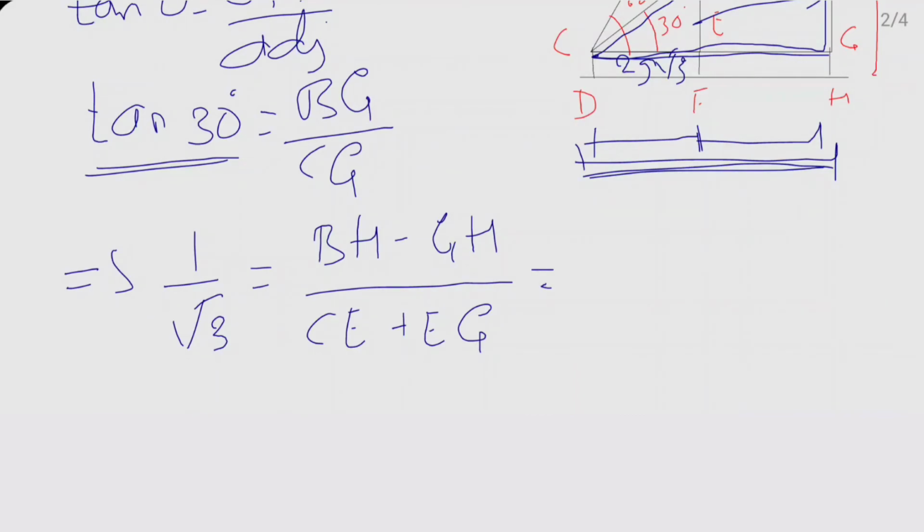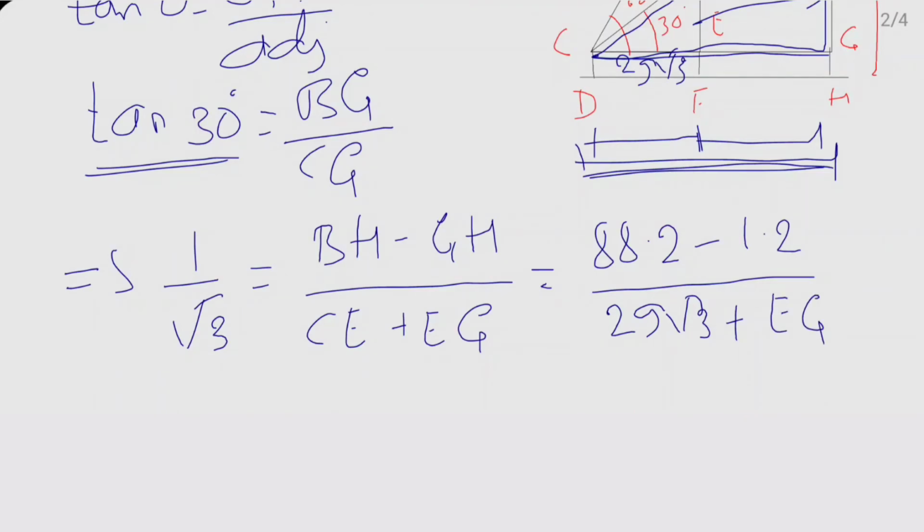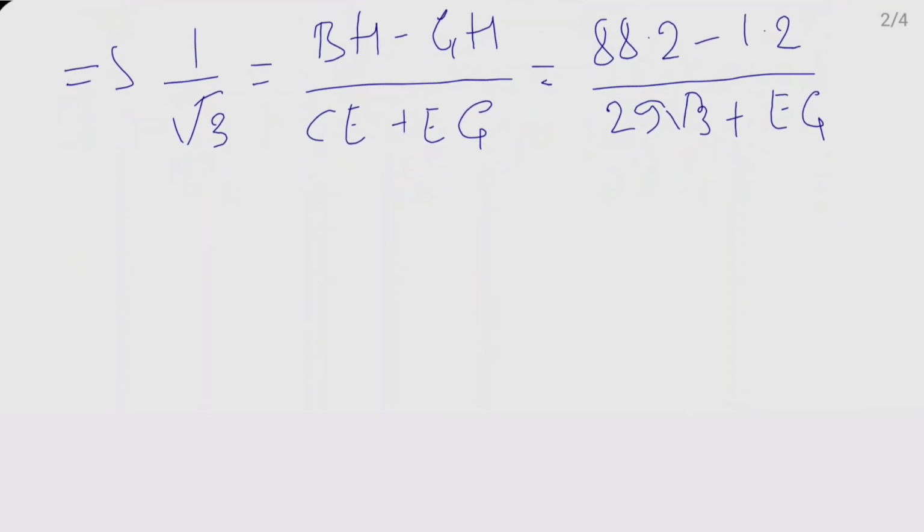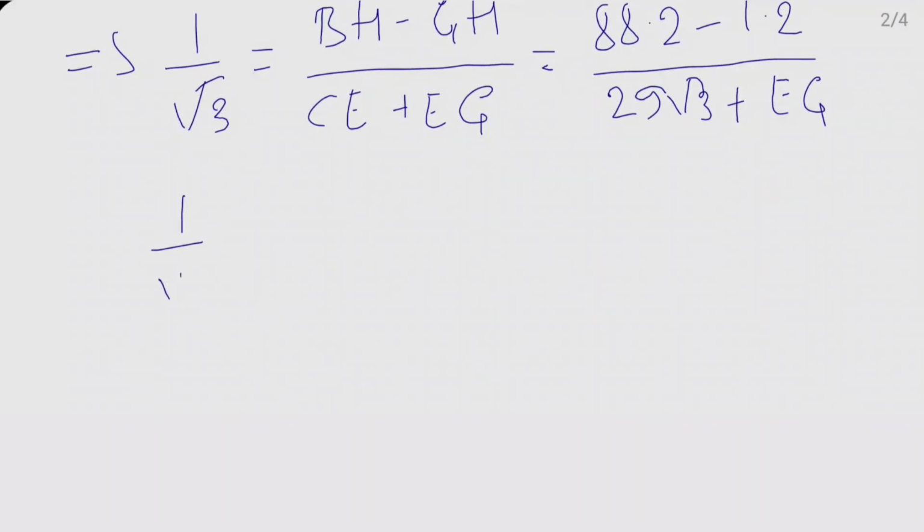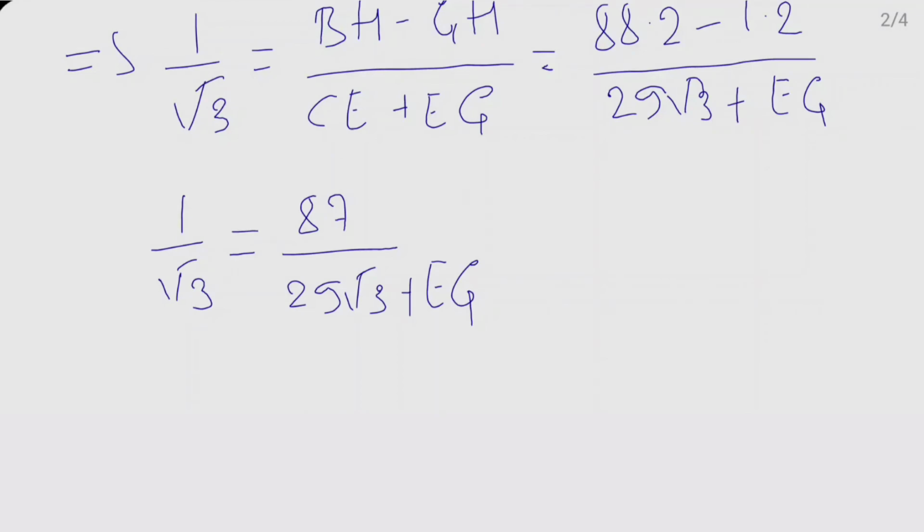So here BH is the height of the balloon from the ground, that is 88.2 minus the height of the girl, 1.2, this divided by CE, which we just found, that is 29 root 3 plus EG, we don't know, write down as it is, and here 1 by root 3 as it is, this equals 88.2 minus 1.2 is 87, and this divided by 29 root 3 plus EG as it is.